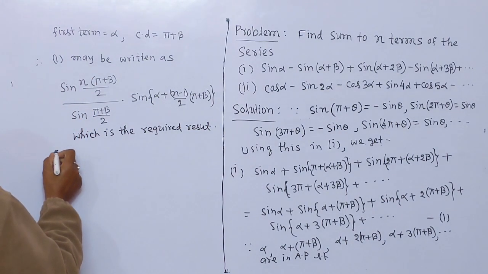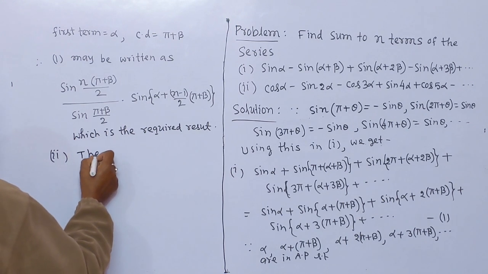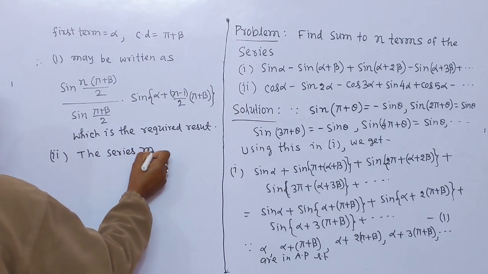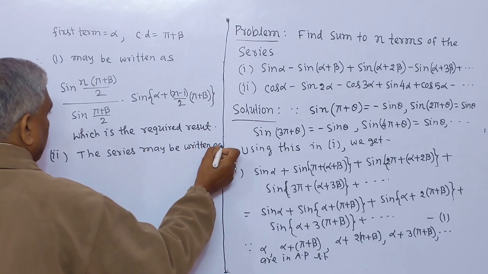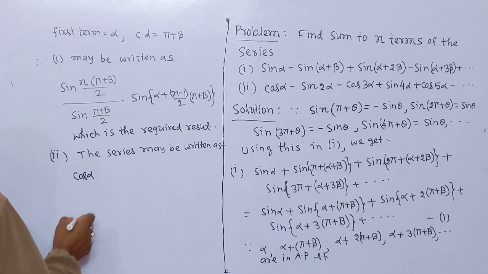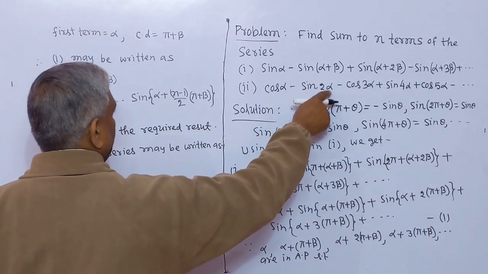Number 2. The series may be written as cos alpha, here minus sine 2 alpha.